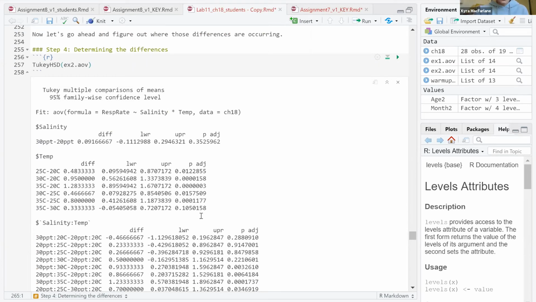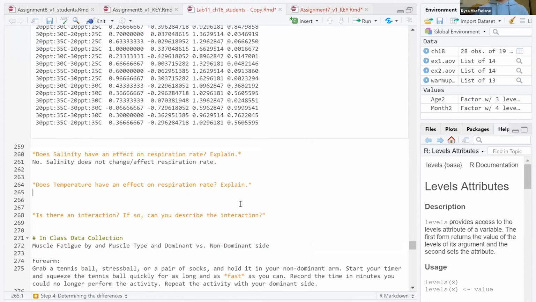All groups are significantly different except for 35 degrees Celsius to 30 degrees Celsius. So respiration rate at 20 C is the lowest, 25 C is higher, and then 30 C and 35 C cause the highest respiration rate.